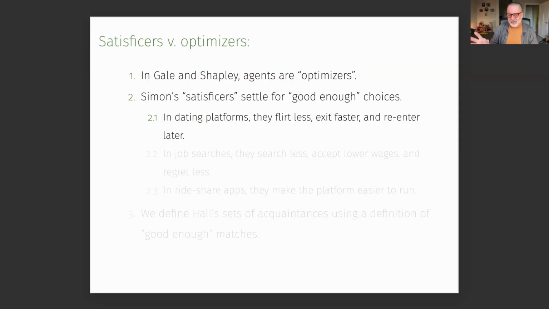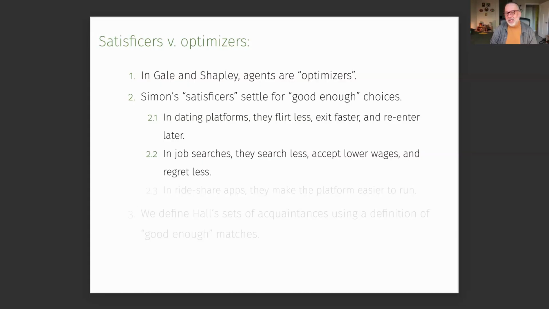And then, of course, this is modern life, so people after a while go back to the platform. Satisficers tend to take longer to go back to the platform than optimizers. So optimizers hit on everybody that is around, take a very, very long time to think that they have found a good match, and then very quickly they, I guess, are disappointed by that match and go back to the platform.